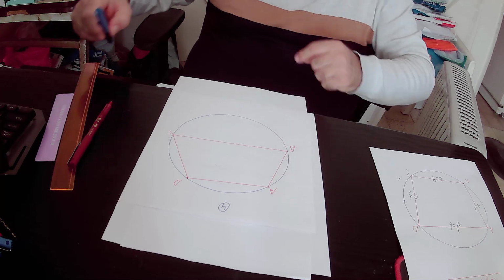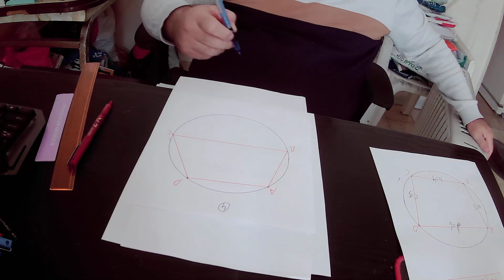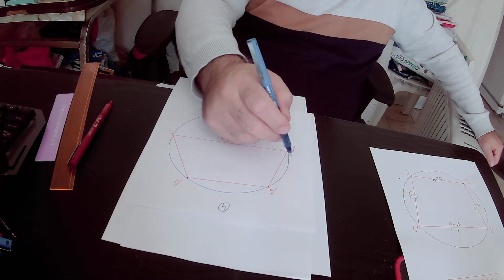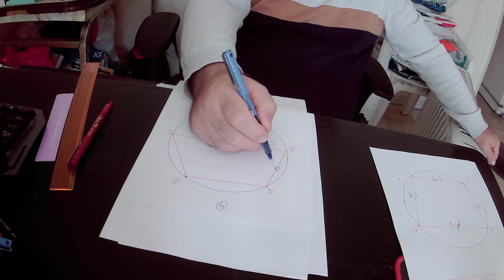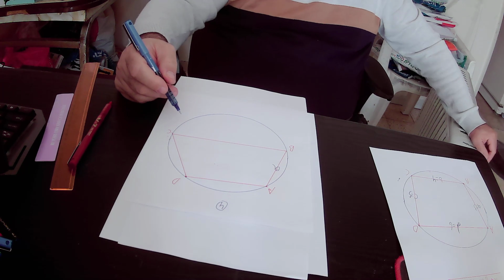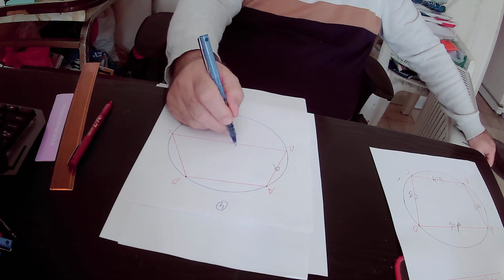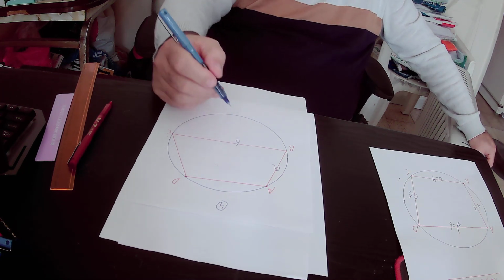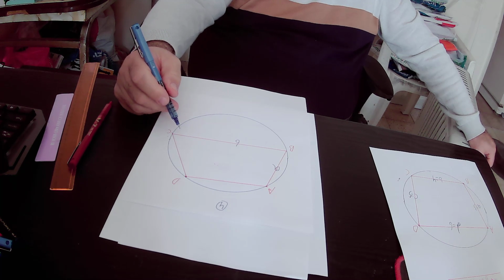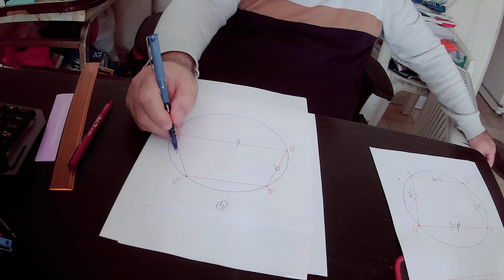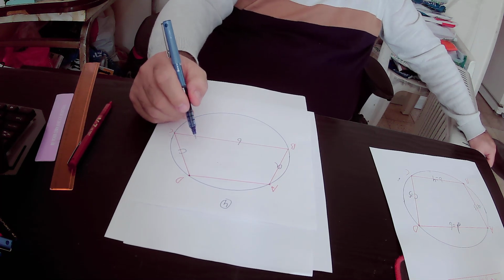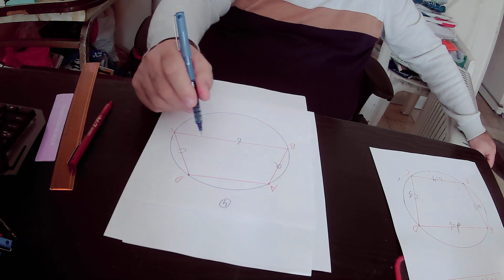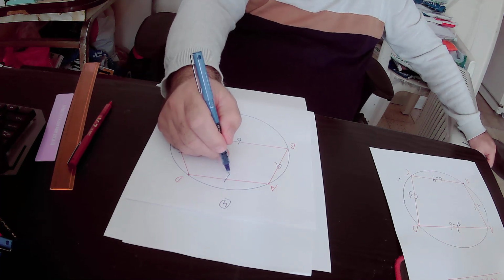we know that side AB of quadrilateral ABCD equals A units in size. We also know that side BC equals B units in size, side CD equals C units in size, and also side AD equals D units in size.